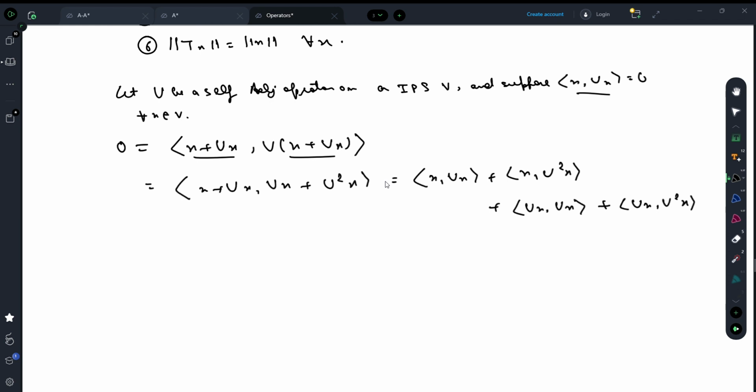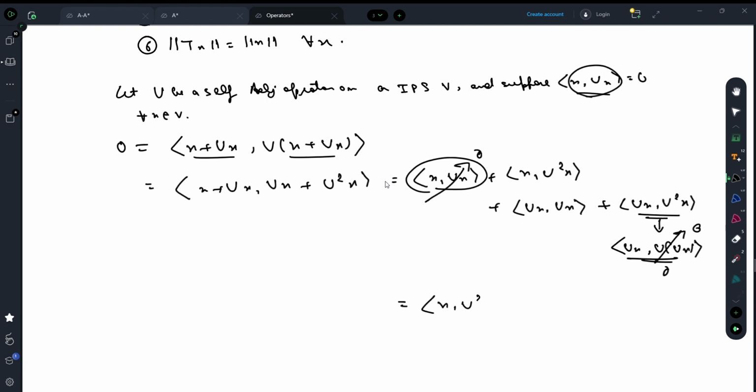Now observe that this is 0 because that is given, and this term is nothing but ux with u of ux, so this is also 0, right? So we are just left with x with u squared x plus the inner product of ux with ux.